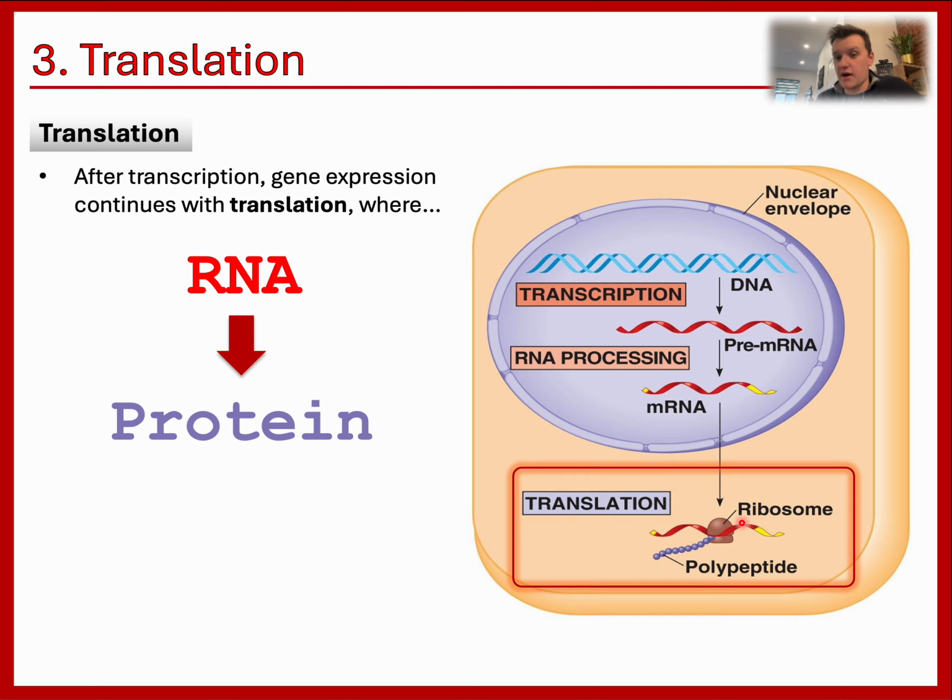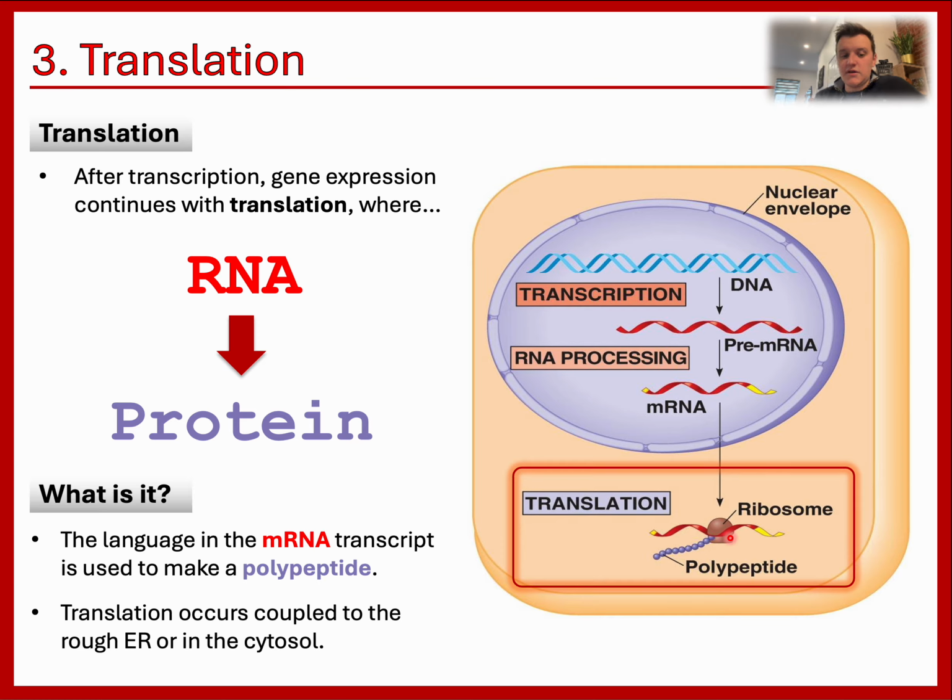This is not outside the cell, this is in the cytosol. And we undergo translation. This mRNA language will be turned into a polypeptide protein. So the language in the mRNA transcript is used to make this polypeptide chain. It's going to read through this little mRNA and make its polypeptide chain.